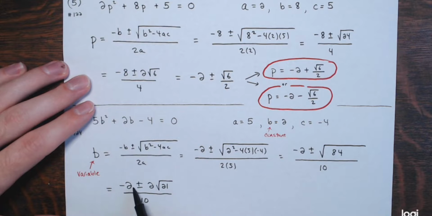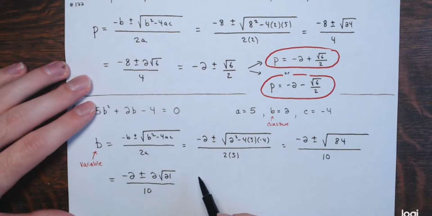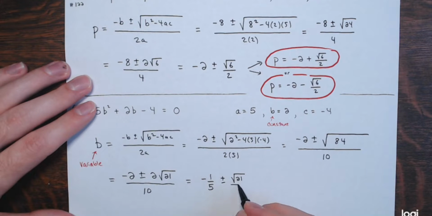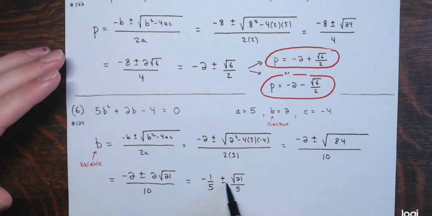And then I'll just divide each term by 10 like last time. So this is negative 1/5. Negative 2 divided by 10, plus or minus 1/5 times the square root of 21, or the square root of 21 divided by 5. Or you could keep it all over 5 if you want. They both have the same denominator.